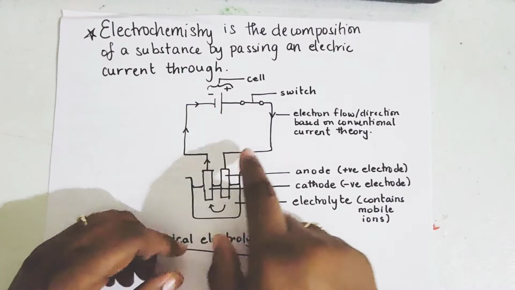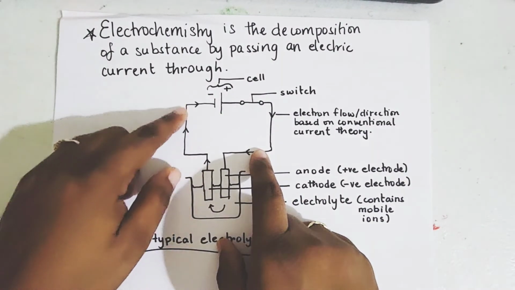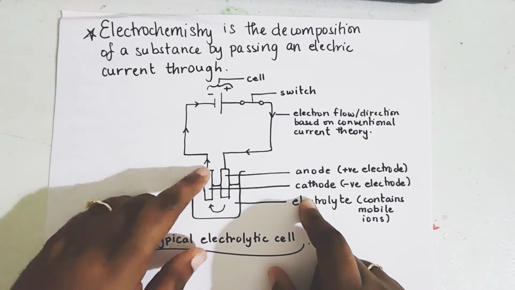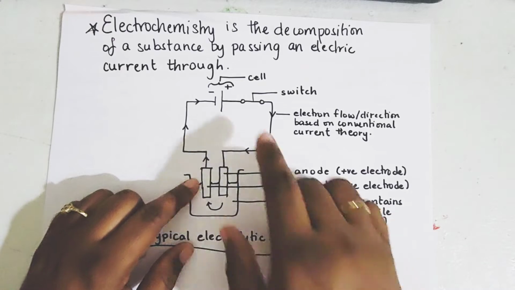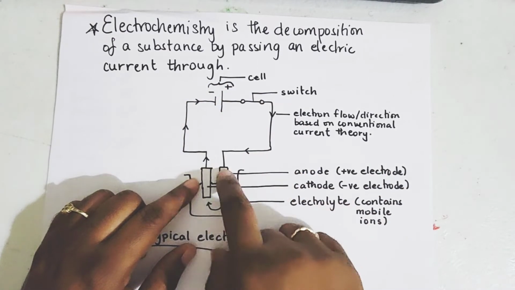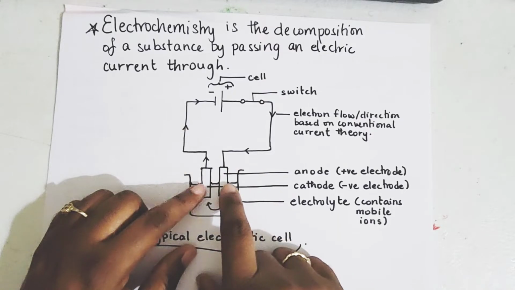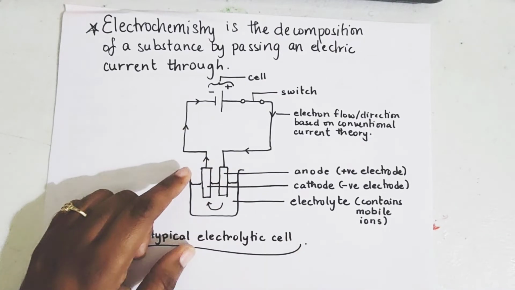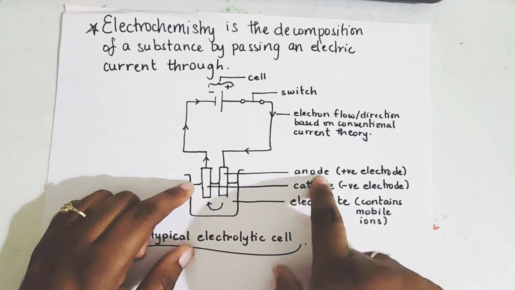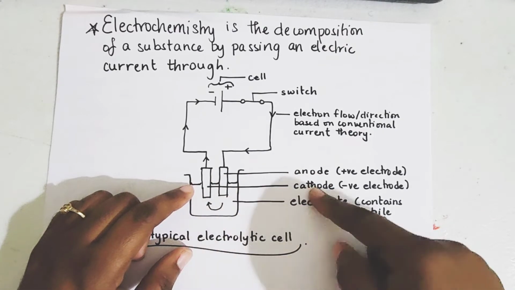Whichever electrode is connected to the short side will be negative, and whichever is connected to the long side will be positive. The positive electrode is known as the anode, and the negative one is known as the cathode.